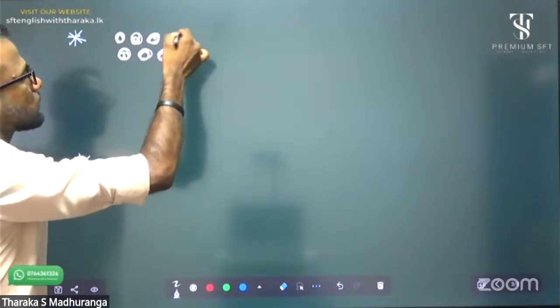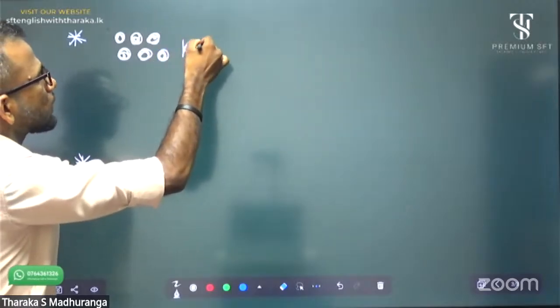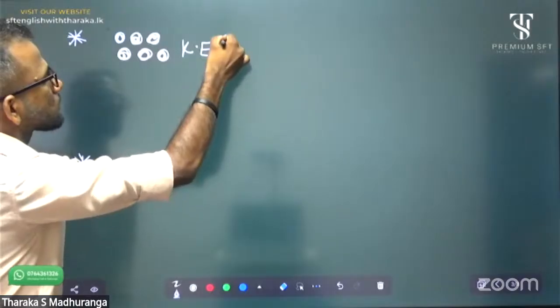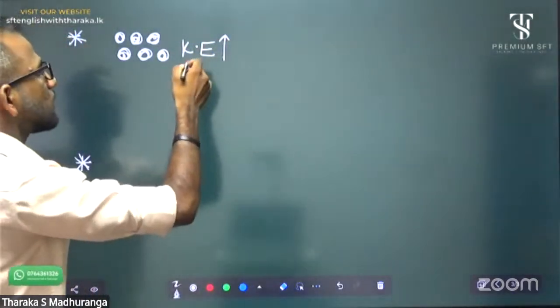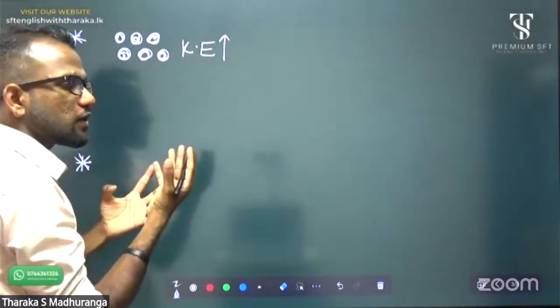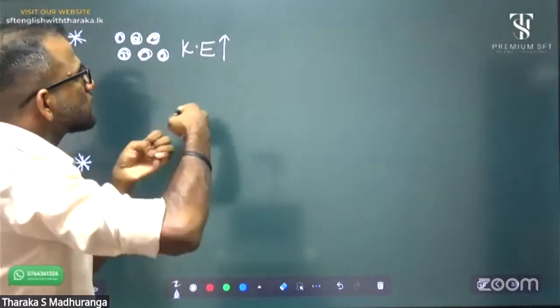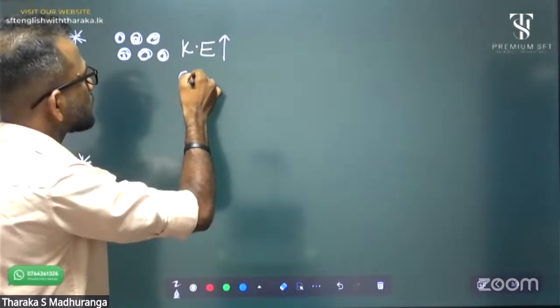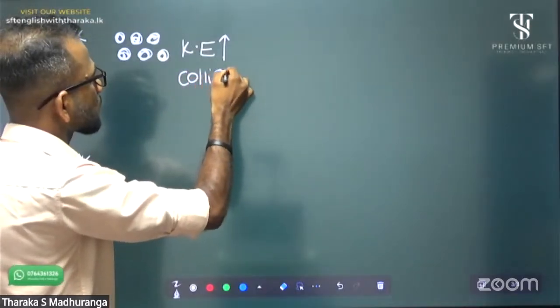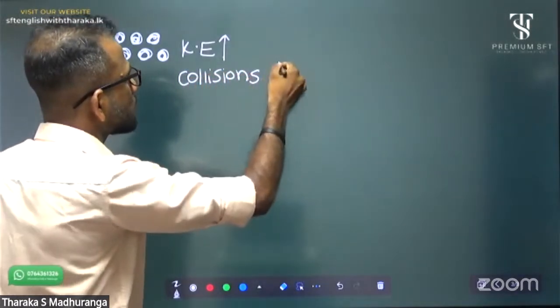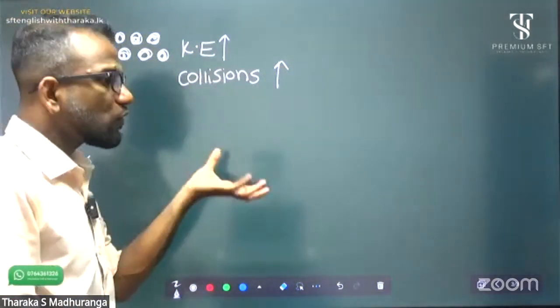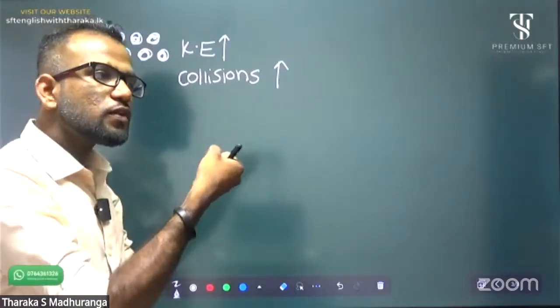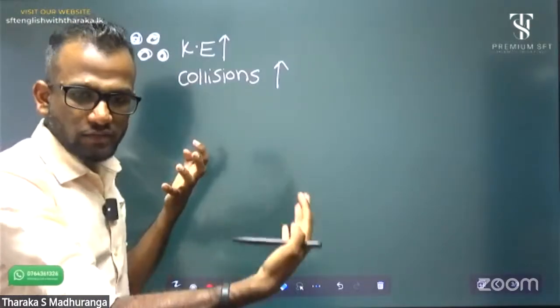With temperature, the molecule kinetic energy increases. Molecule kinetic energy increasing means their vibrations increase, therefore their collisions increase. That's why their effective collisions, that means requirement-fulfilling collisions, increase.